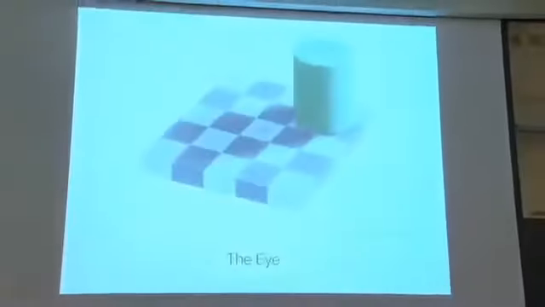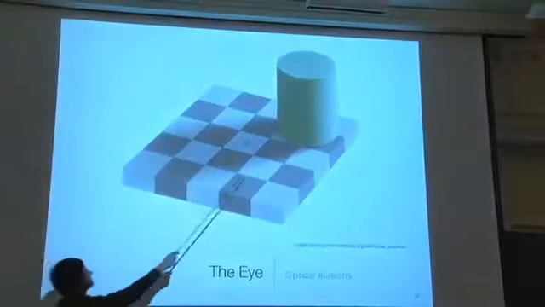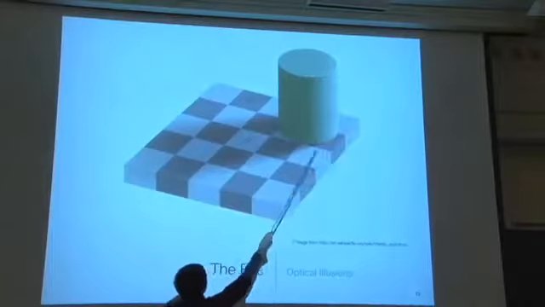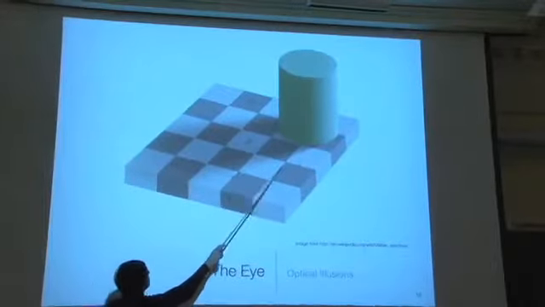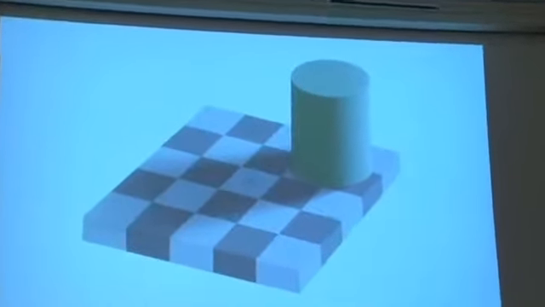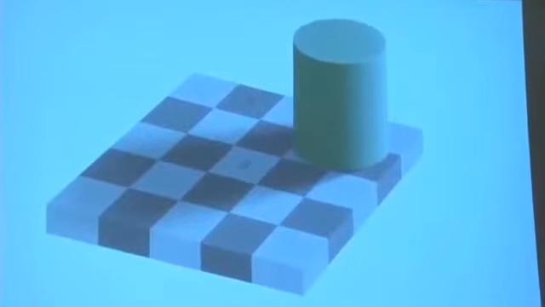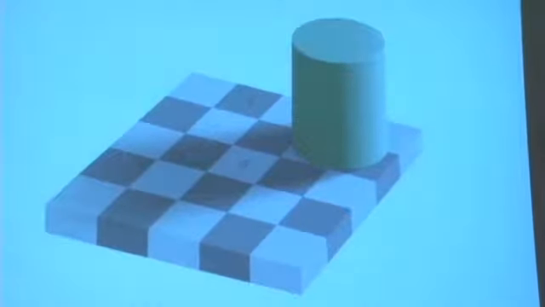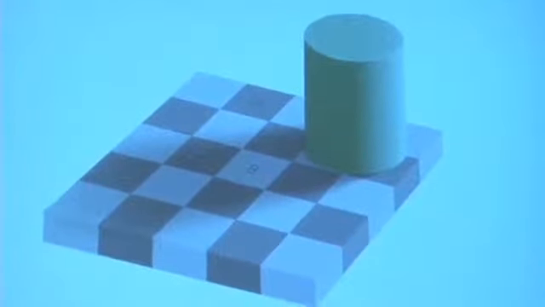But this is a particularly neat one. You'll notice that there is a tile floor, and there's some cylinder resting on it. There's a light on the far right casting a shadow of that cylinder onto the tile floor. And you'll notice that 2 of the tiles in particular are labeled A and B. A way up here, B right here. Now, the neat thing about this optical illusion is that it's not really as it seems.